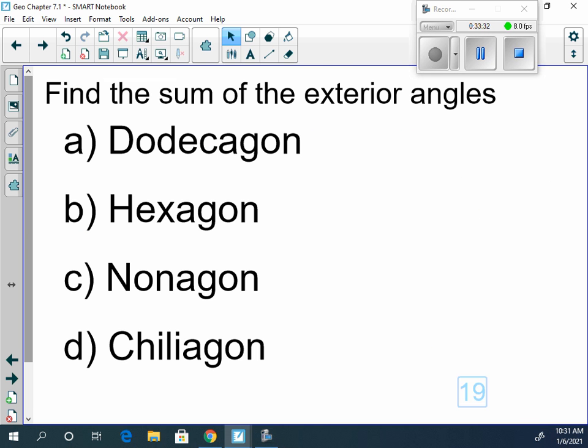Okay, that's cool. So what's the sum of the exterior angles of a dodecagon? What is the sum of the exterior angles of a dodecagon? What do y'all think?